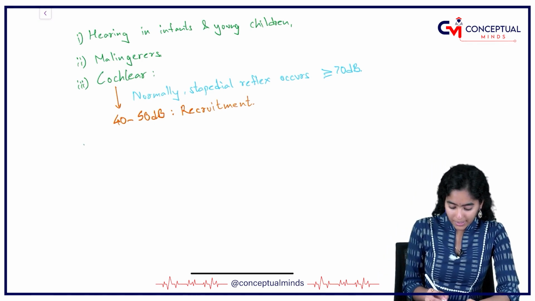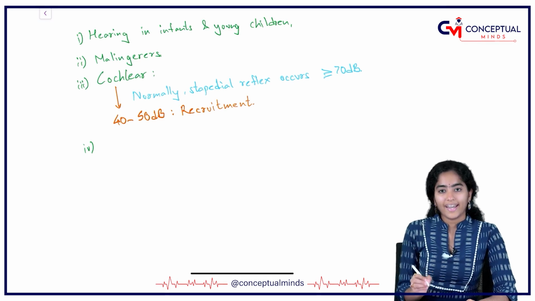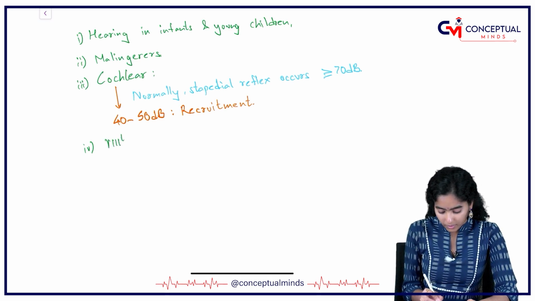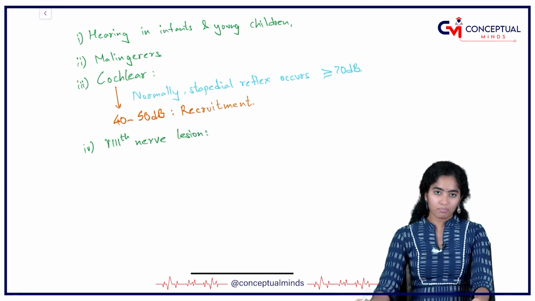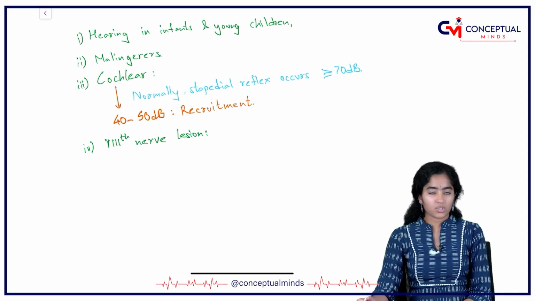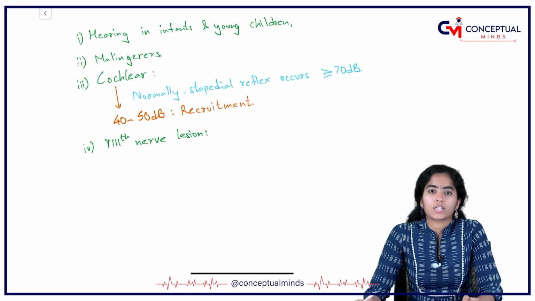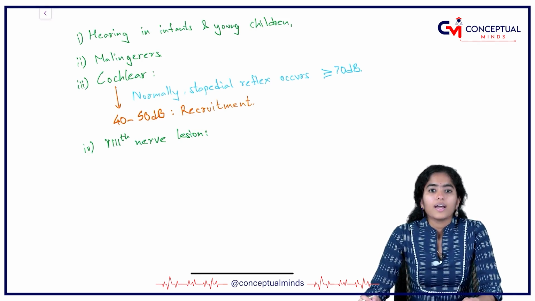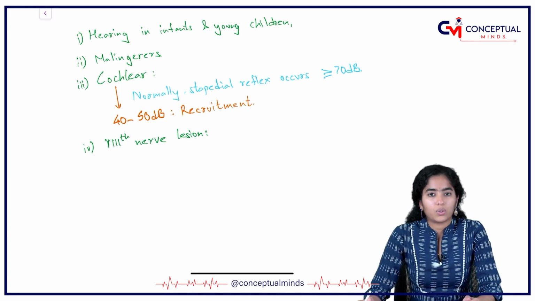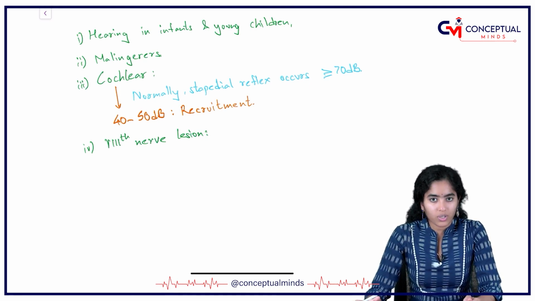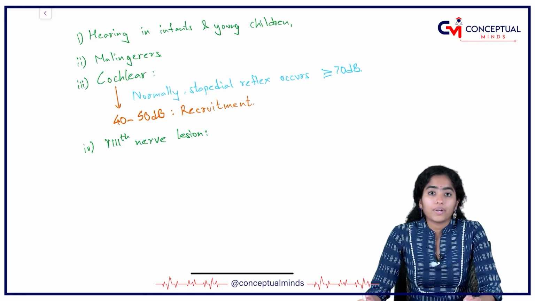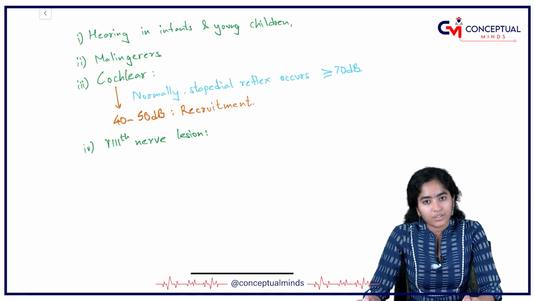Next, this simple test can also detect eighth nerve lesion. How can it detect eighth nerve lesion? When there is some problem with the vestibulocochlear nerve, if a sustained tone of some frequency, say 1000 Hz, is delivered 10 decibels above the acoustic reflex threshold for a period of 10 seconds, the reflex amplitude will come down if there is some pathology with the eighth nerve.